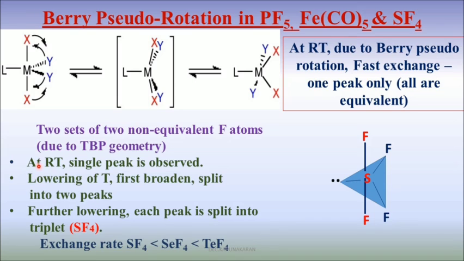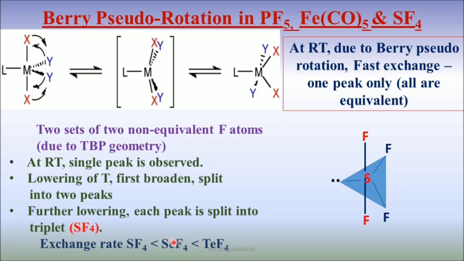For example, at room temperature, a single peak is observed, because of constant exchange of axial and equatorial positions, so all the fluorine atoms are equivalent. On lowering the temperature, it first splits into two signals, because axial fluorine and equatorial fluorine are chemically distinct.